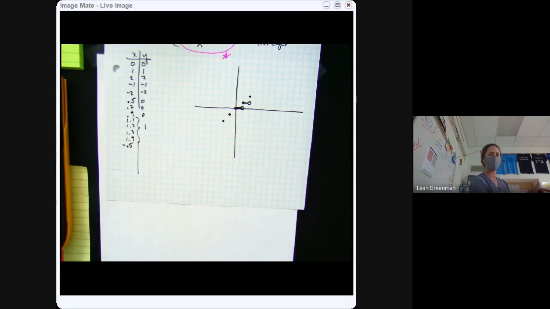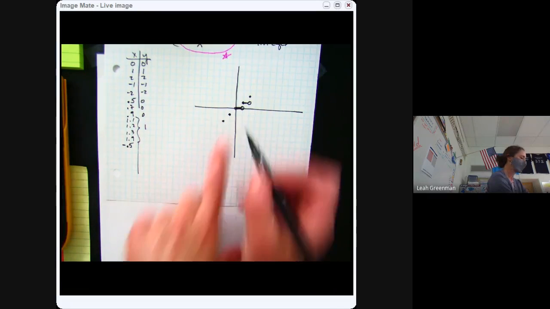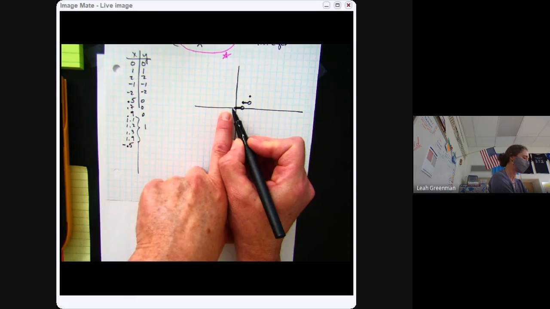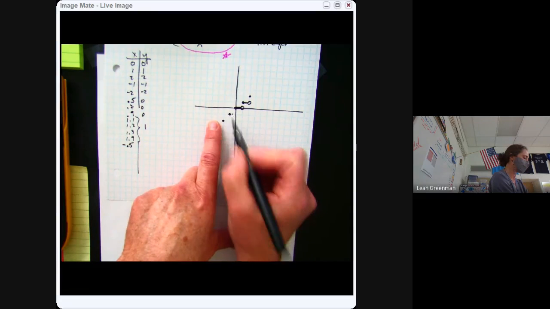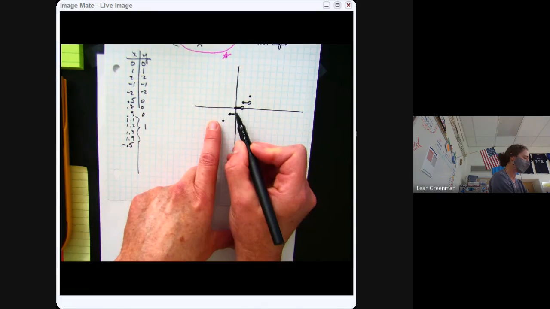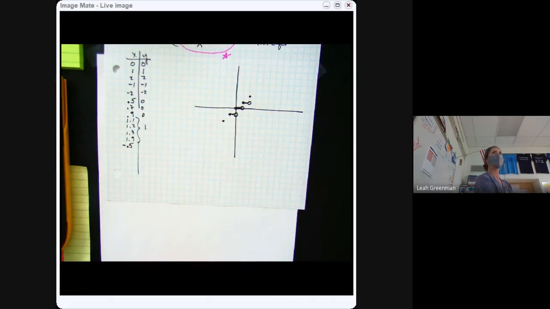Negative 1, right? Less than negative 0.5. So here's negative 0.5. What's the greatest integer less than? Negative 1. So isn't this guy going to be right there? Aren't we going to continue that pattern? Open circle.